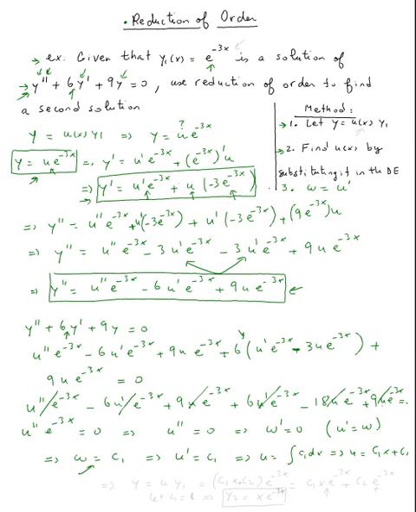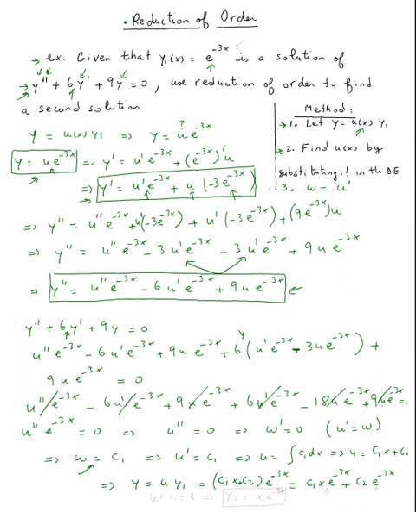Right? Now we go back. We know that now that we found u, y is equal to u times y1. So y would be equal to u times y1, which is c1x plus c2, times y1, which is e to the negative 3x. Now let's distribute: this will be c1x e to the negative 3x plus c2 e to the negative 3x. We're almost done.